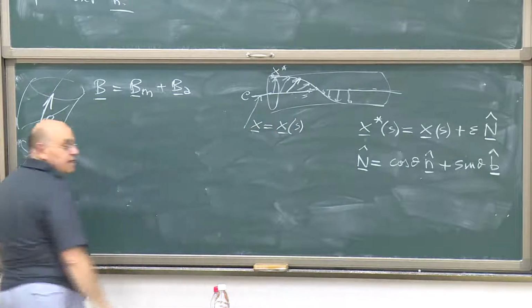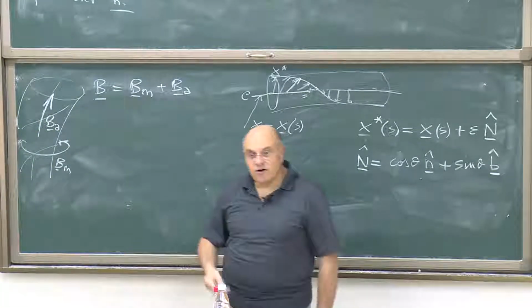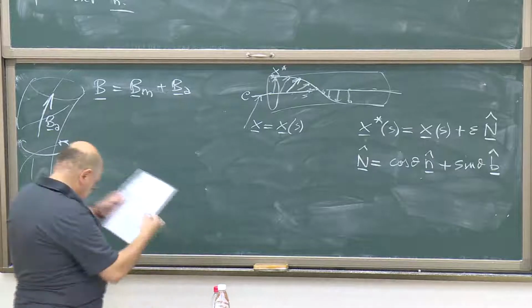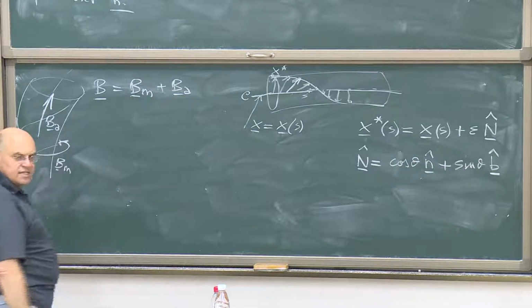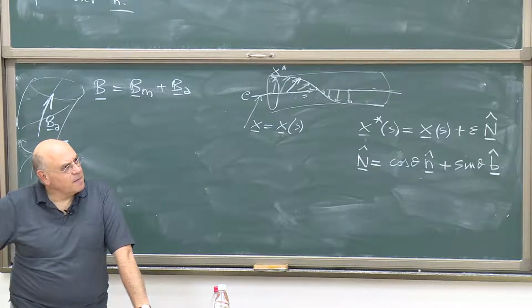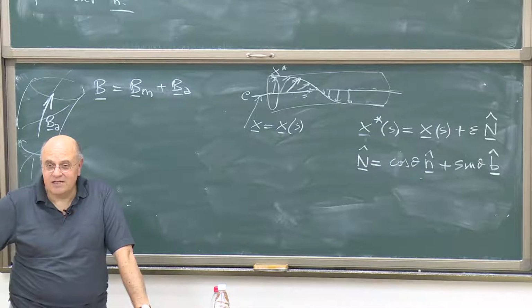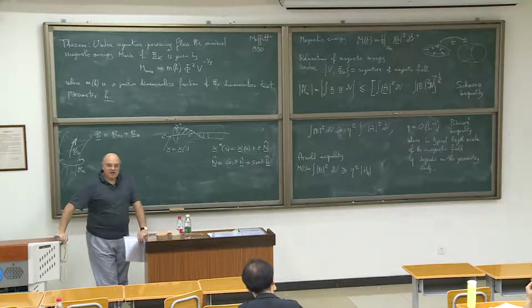So from elasticity, from 1900, from Lamb's book on elasticity, is it Lamb's book on elasticity? I can't remember. Well, there is certainly a Lamb on hydrodynamics, a very famous book for me, and there is another one on elasticity that is famous.